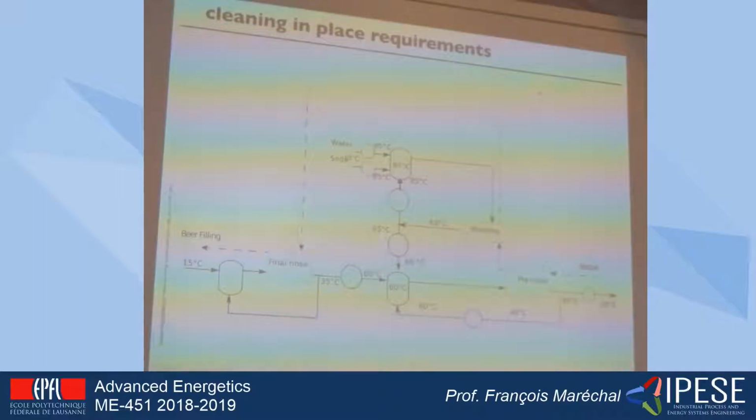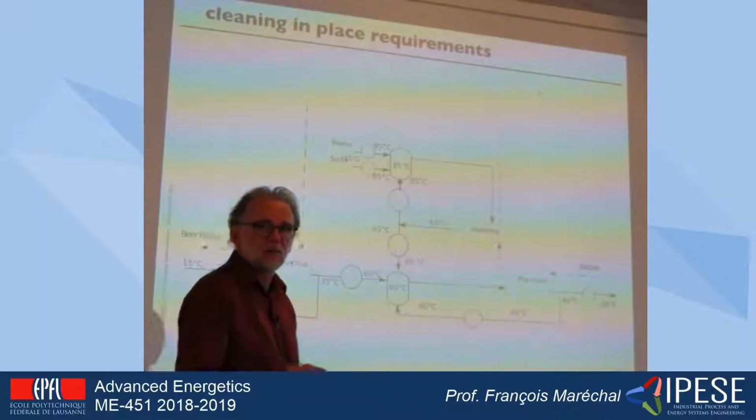What is important is that we have to realize that there are, in fact, three process operations. The first one is the pre-rinse here, the second one is the washing done here, and the third one is the final rinse. So this is the need of the process.